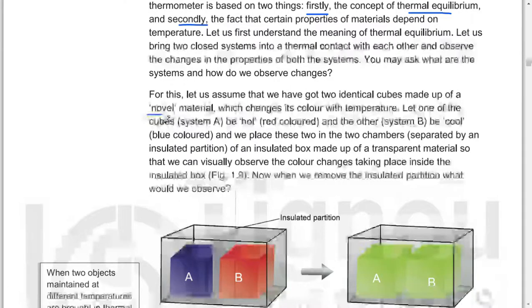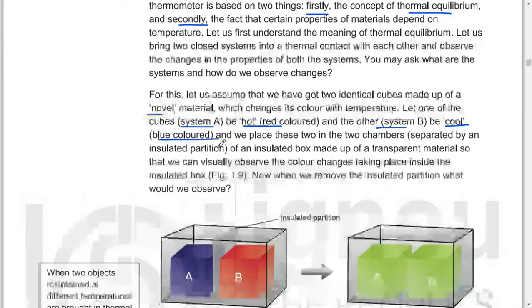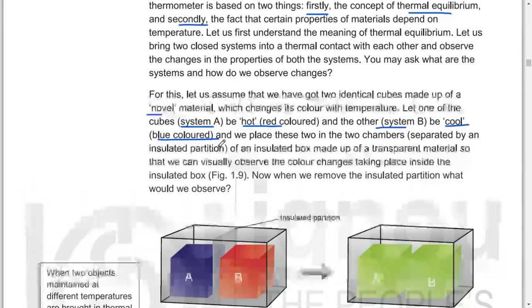Let one of the cubes, system A, be hot red colored and the other, system B, be cool blue colored, and we place these two in the two chambers separated by an insulated partition of an insulated box made up of a transparent material so that we can visually observe the color changes taking place inside the insulated box. Now when we remove the insulated partition, what would we observe?